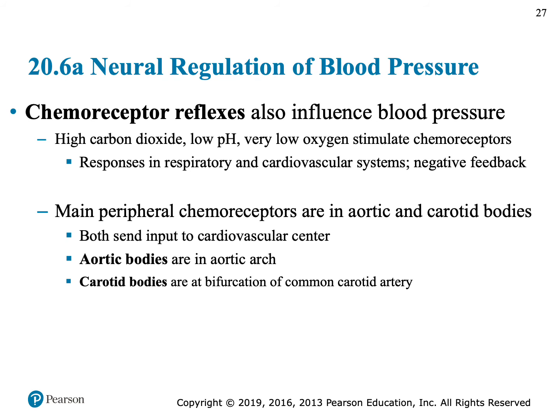So again, it's going to go to the medulla oblongata, and we're going to have whatever response we need to fix that situation. If we are getting a low pH and a high carbon dioxide, we need to have increased pressures to increase the flow.